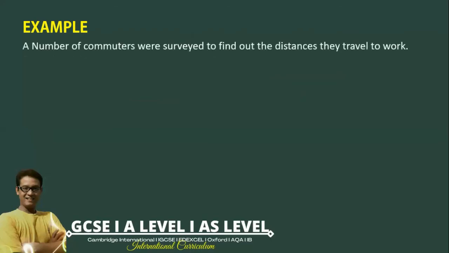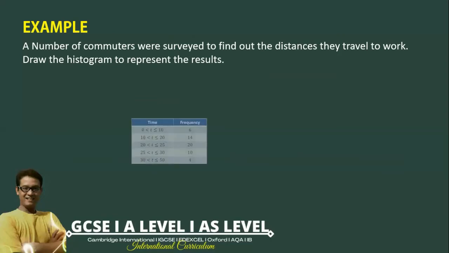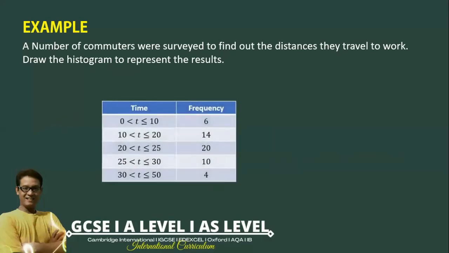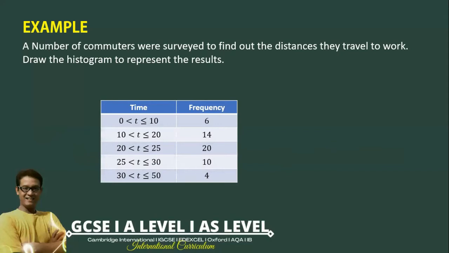A number of commuters were surveyed to find out the distances they travel to work. Draw the histogram to represent the result. This is the table. On your screen, there are two columns: the first column is time and the second column is frequency.